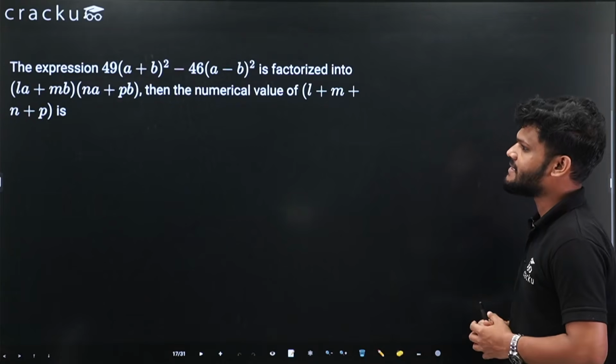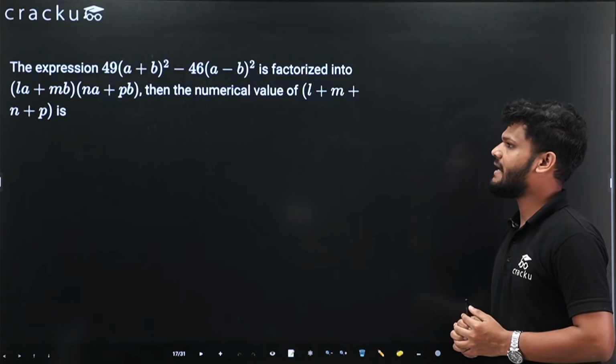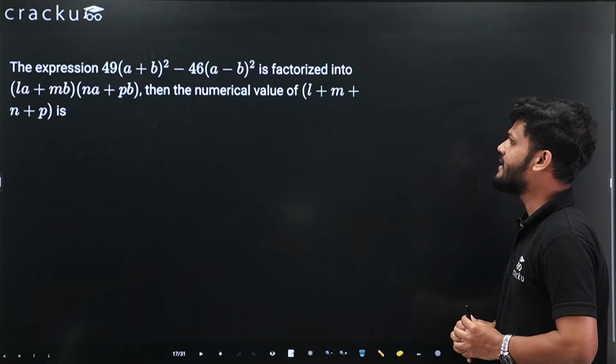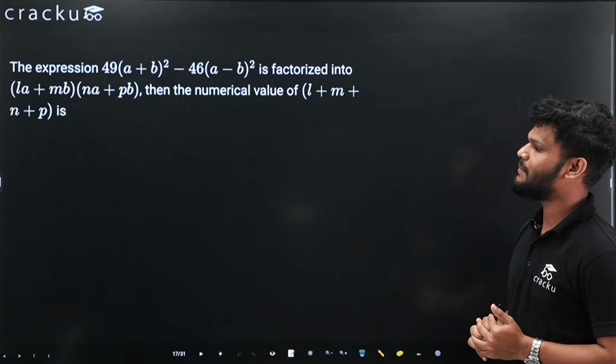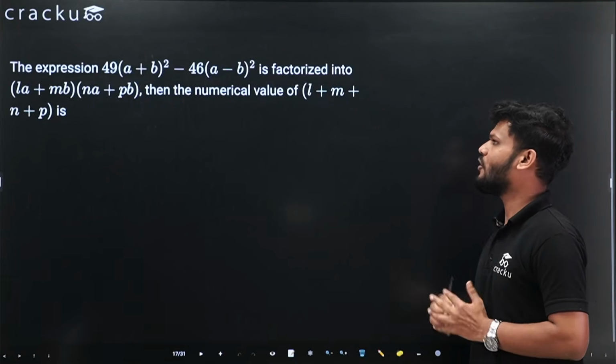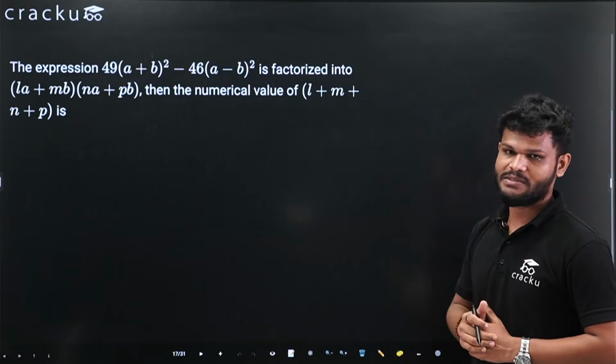In this question, you are asked the expression 49 into (a plus b) whole square minus 46 into (a minus b) whole square is factorized into (La plus Mb) into (Na plus Pb). Then the numerical value of L plus M plus N plus P is what?